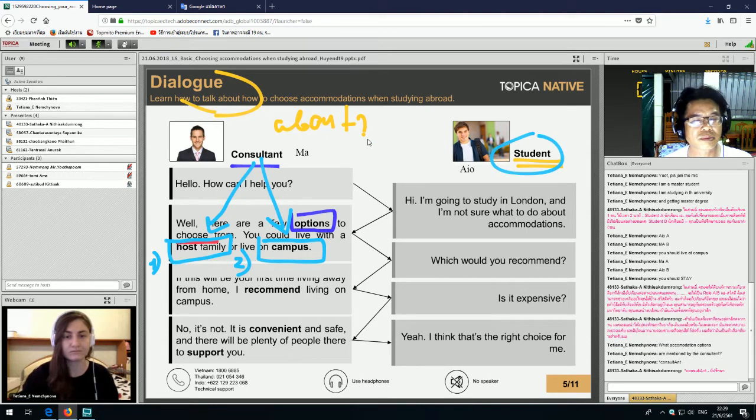The option of campus is the most important. Okay, so once more again, which option will the student choose? The student should live on campus. Living on campus. Why?